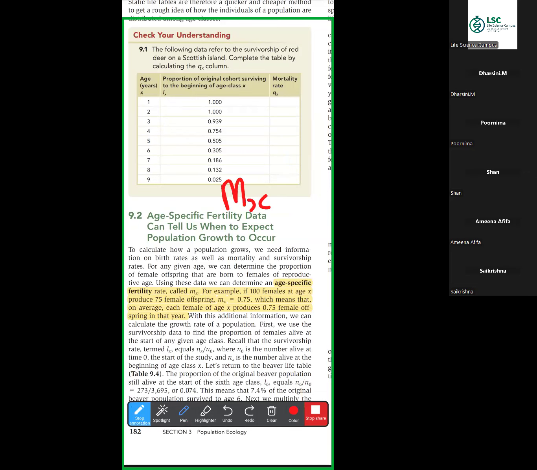It explains how population growth occurs.